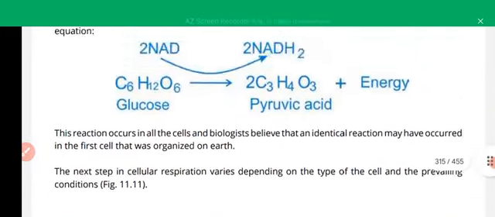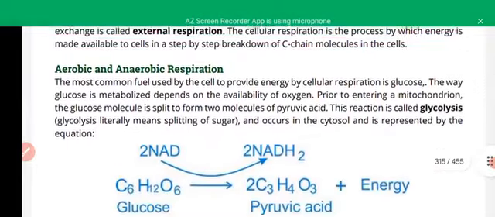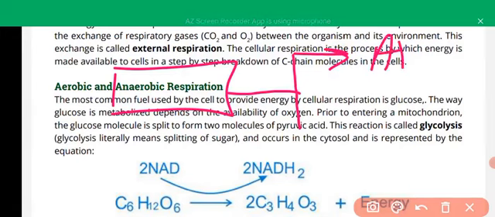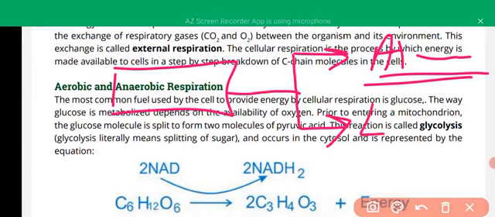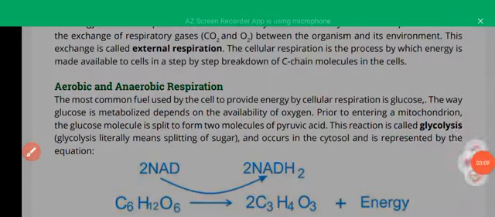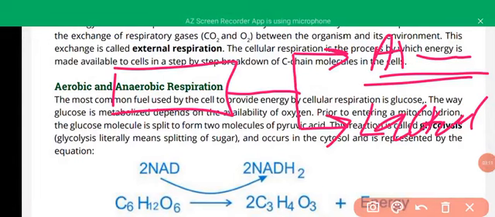There are two types: aerobic respiration, in which oxygen is used, and anaerobic respiration, in which oxygen is not used. It is also called fermentation. Fermentation can be further categorized into alcoholic fermentation, in which alcohol and carbon dioxide are produced inside the body of yeast and bacteria, and lactic acid fermentation, in which lactate or lactic acid is formed inside the body of living organisms, like in the skeletal muscles when they perform rigorous activity in the presence of a little quantity of oxygen.